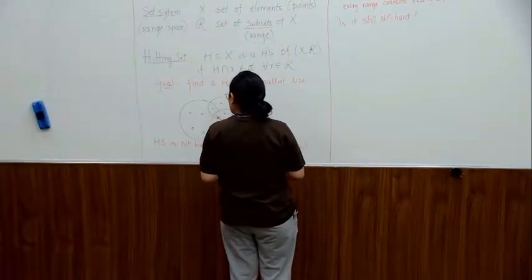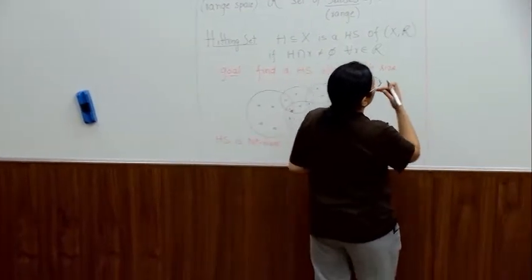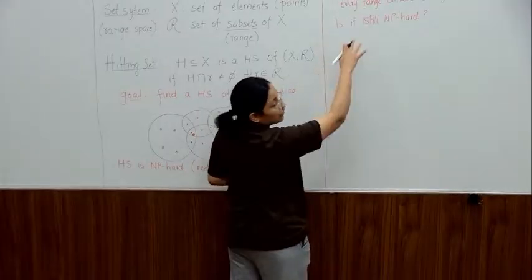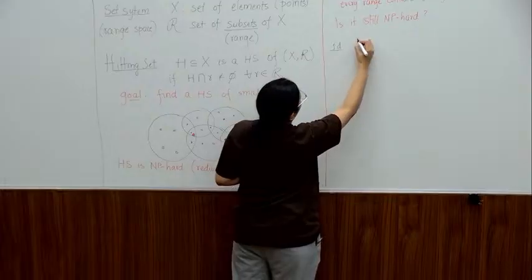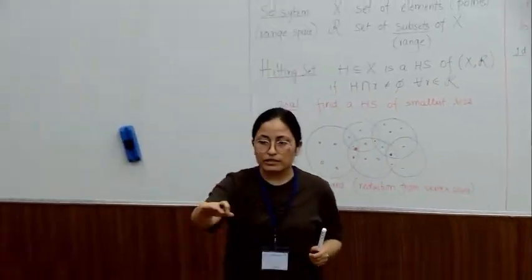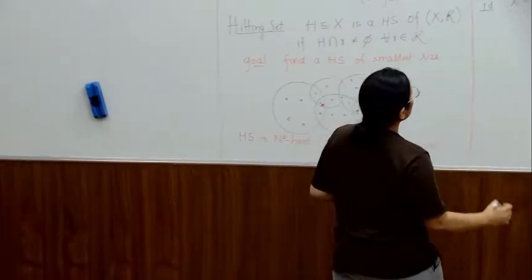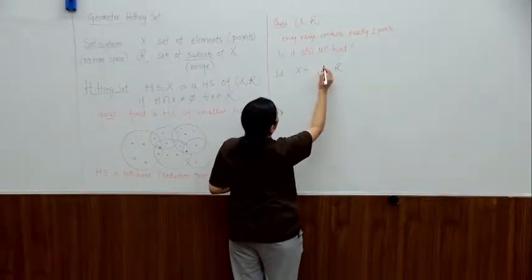So the problem is NP hard, but what if we restrict our ranges to one dimension? Say we are in 1D, and we have points on the real line.